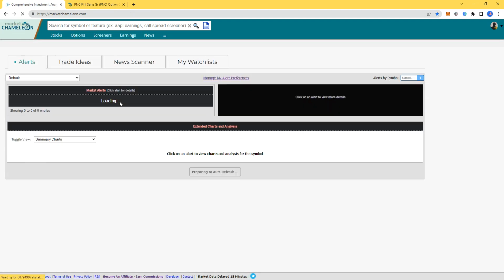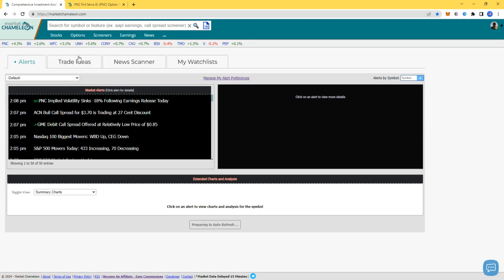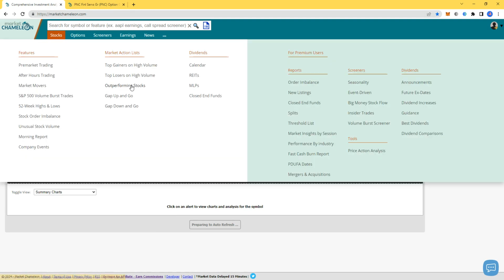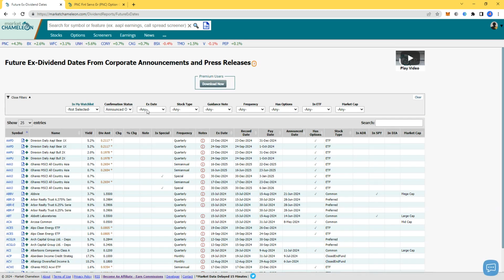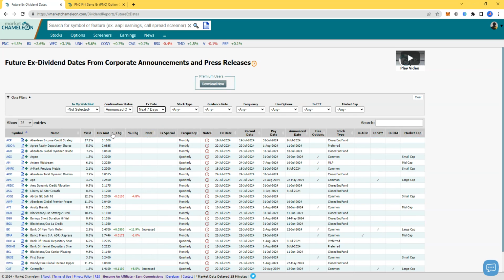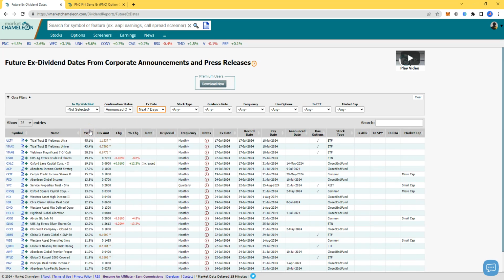So every morning you open Market Chameleon, go here and click on stocks, and in the stocks go to dividend, future ex-dividend, and it's going to show you. I'm going to do ex-dividend in the next 7 days, for example. There we go, and I'm going to change the yield, click twice, and ULTI is basically what I invested in, 95.1% yield.